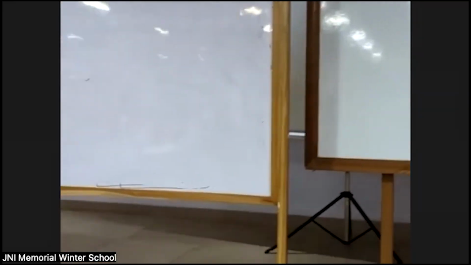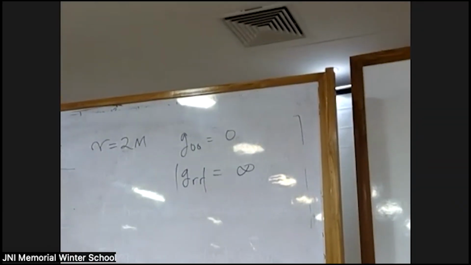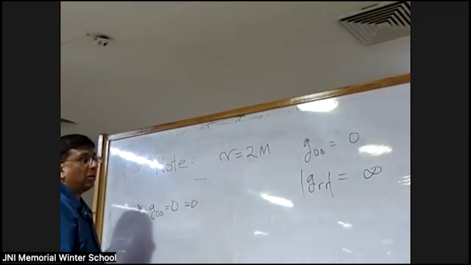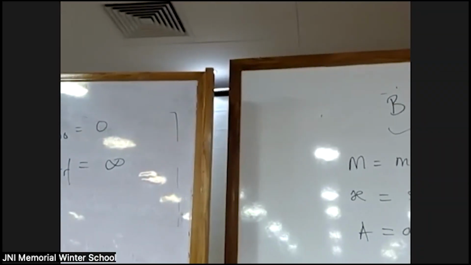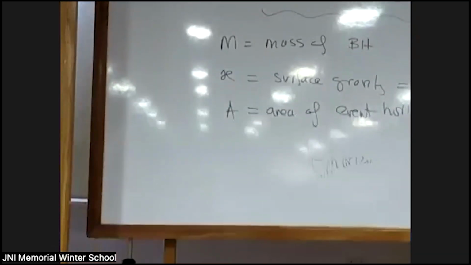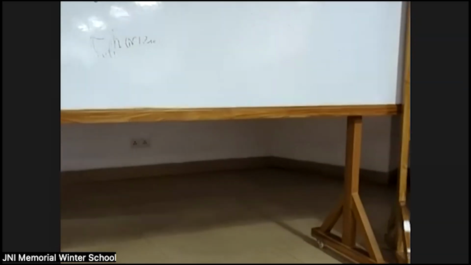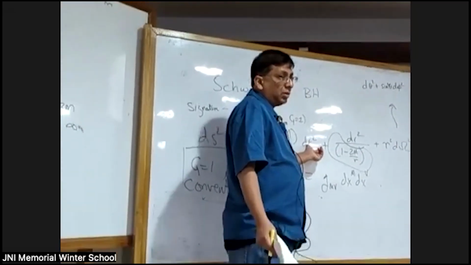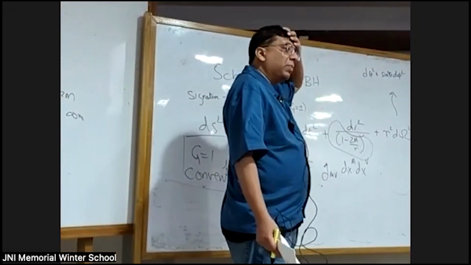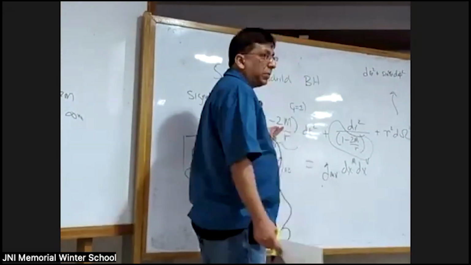Now, g00 being 0 means that changes in dt don't lead to anything. So you might think something is wrong with my distance formula, since it's like a distance formula.